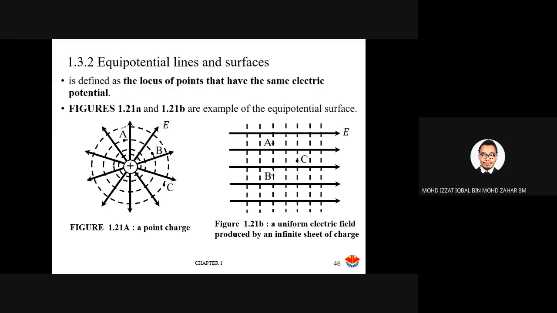So the E indicates the direction of the electric field, while the equipotential line indicates the magnitude of potential. So you will notice that the electric field, the solid line, is actually at 90 degrees to the equipotential line. The dotted line is the equipotential line.